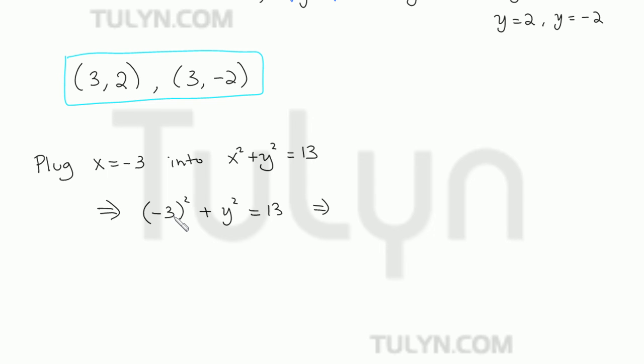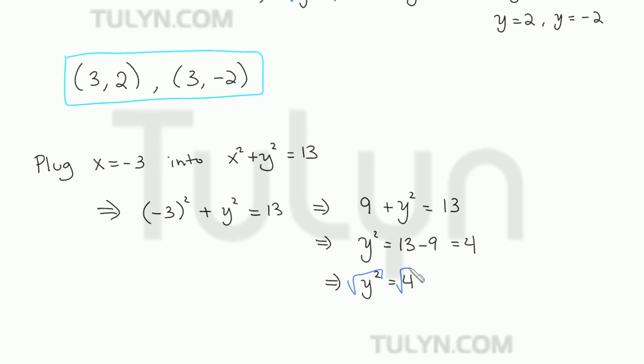And negative 3 squared is just going to become positive 9, plus y squared is equal to 13. And so this looks like the first part, right? So y squared is equal to 13 minus 9, which we know is 4. And so just like in the first part, y squared is equal to 4, which means taking the square root, we end up getting that y is also plus or minus 2.